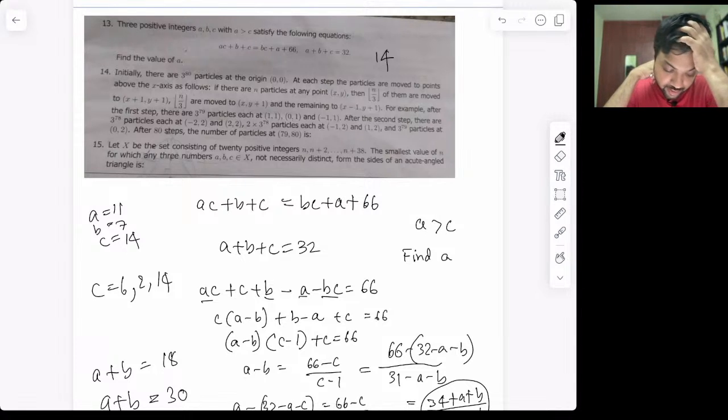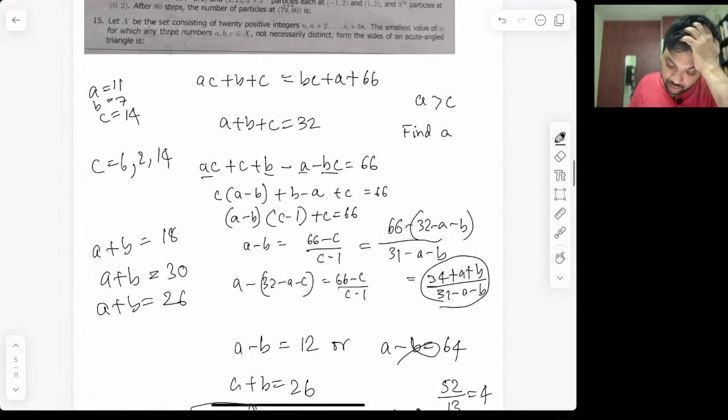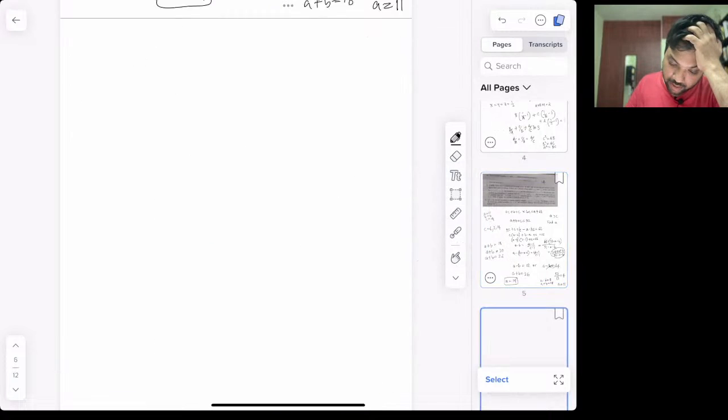Okay, we get it. Fine. So now, after 80 steps, the number of particles at 79, 80 is. I think there should be a pattern essentially that we have to now work out. What is that pattern?